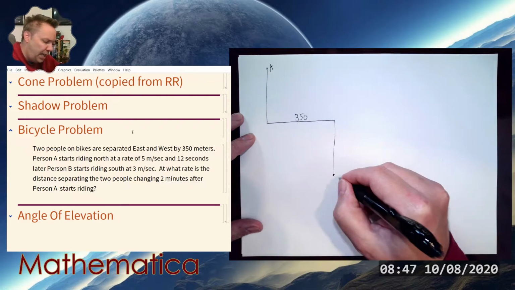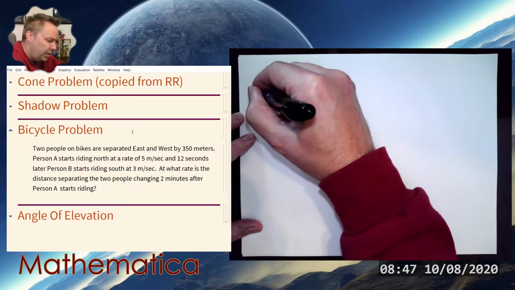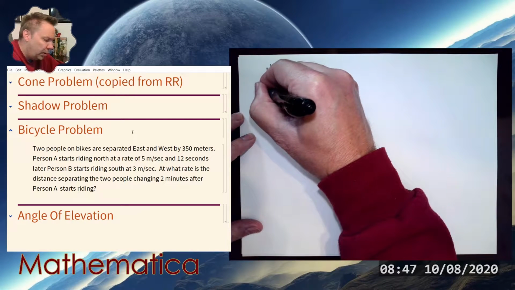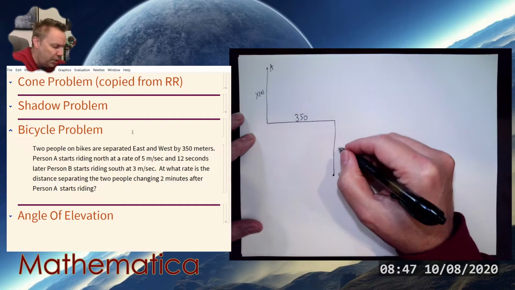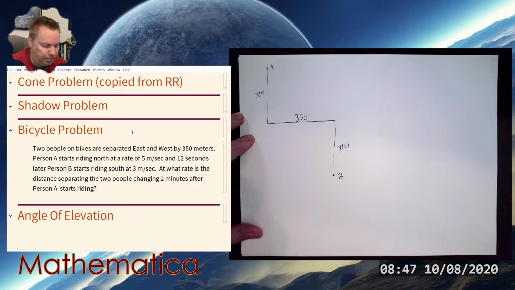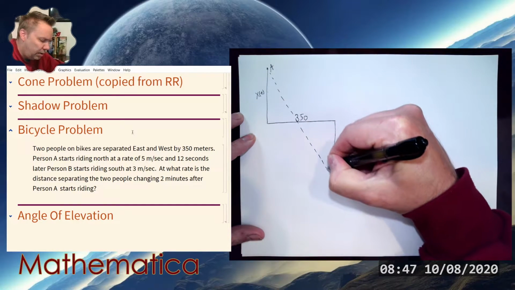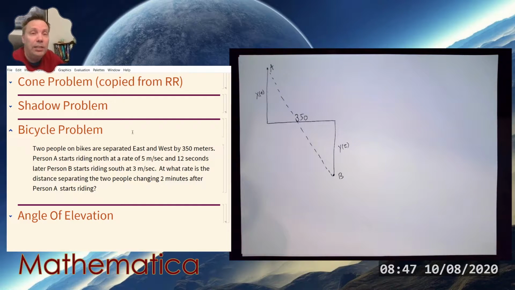I'll label this with an A and this a B. I know this distance here is changing, so I am going to call this x of t. I know this distance is changing, so I am going to call that y of t. The question is using the distance between A and B.